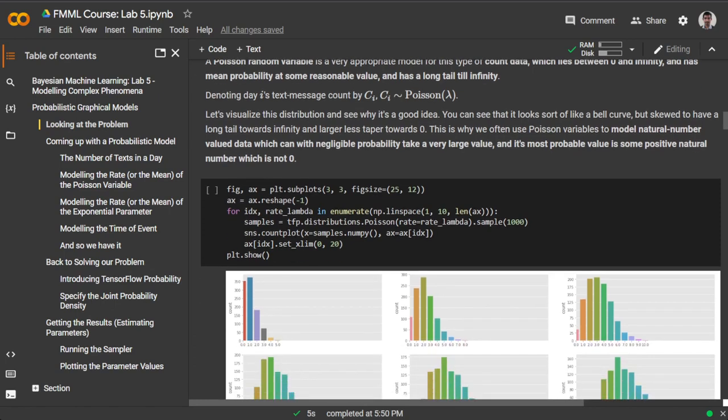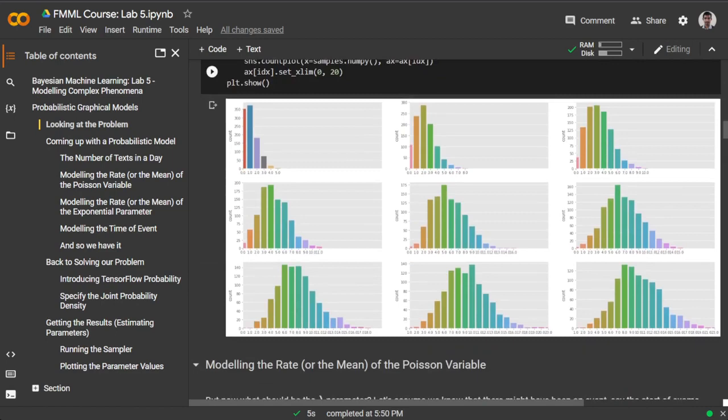The reason for doing this is that, first of all, Poisson has an integer valued support, which is exactly what we want, and it resembles a bell curve but is skewed towards a longer tail, because you can get a very high number of text messages with very low probability, but you can get 0 text messages, you can get no less than 0, and you would have some peak at a value like 3 or 4 or somewhere in the middle over here.